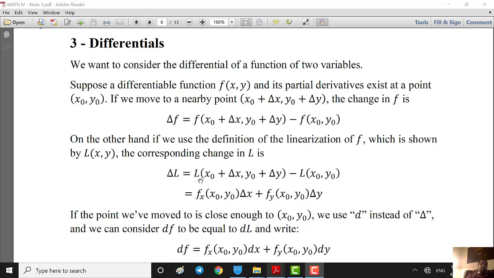Now, that is equivalent to L at (x0 plus delta x, y0 plus delta y) minus L at (x0, y0).